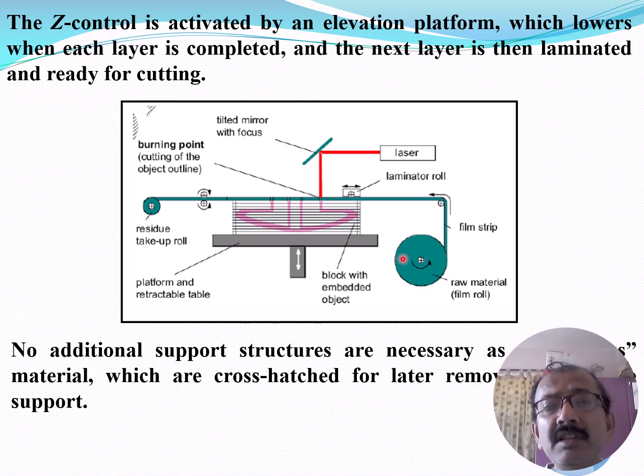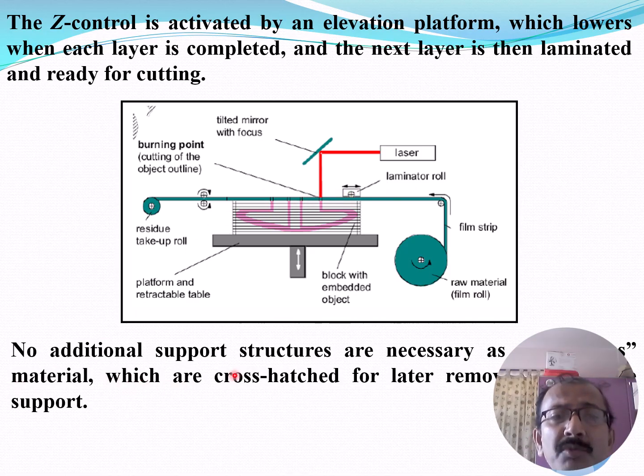This is the raw material pulled, and when it passes through here, this is the laser that will cut the material, and it comes down, and another layer will pass through, and this is the laminated roll. With the help of the roller, that will be pasted.